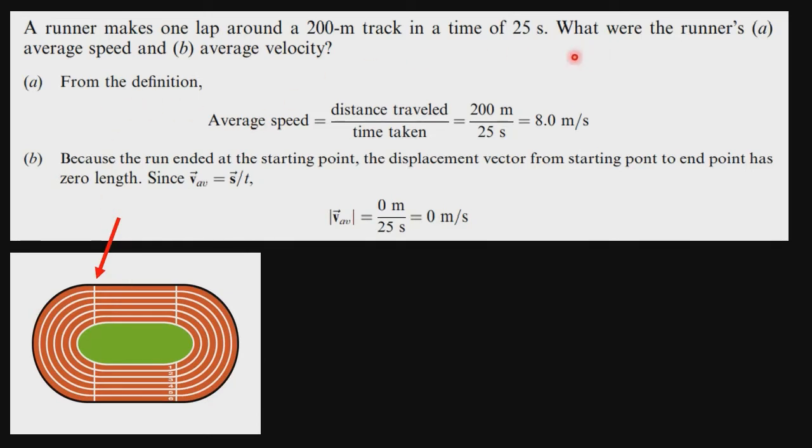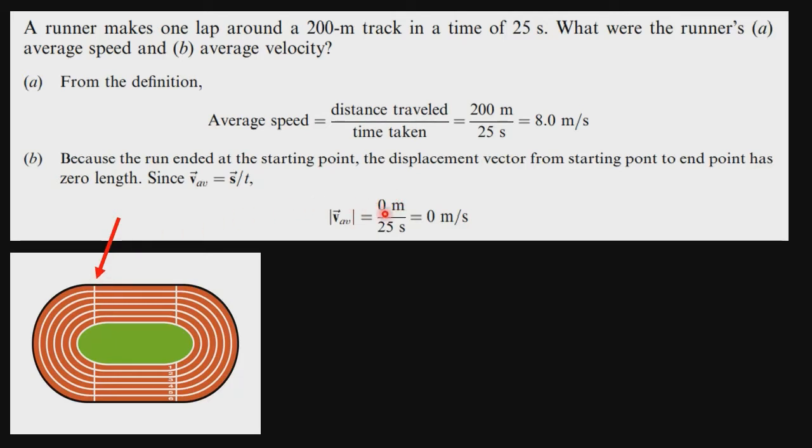But letter B, we are now asked for the average velocity, and remember that average velocity is not the distance traveled but the displacement over time. Since the runner started from this point and ends at the same place, there is a total distance traveled but no displacement, because the displacement is back to where the runner started.